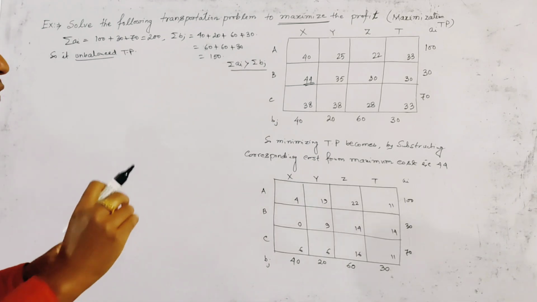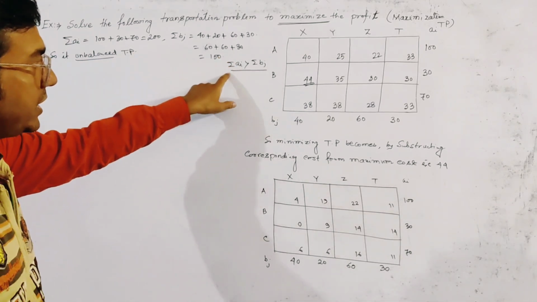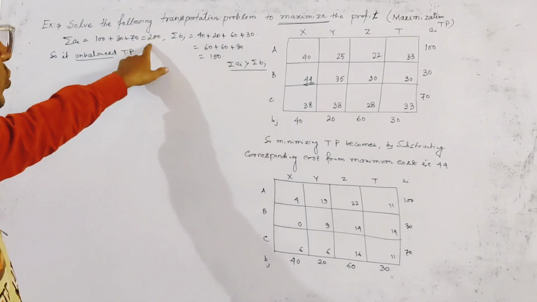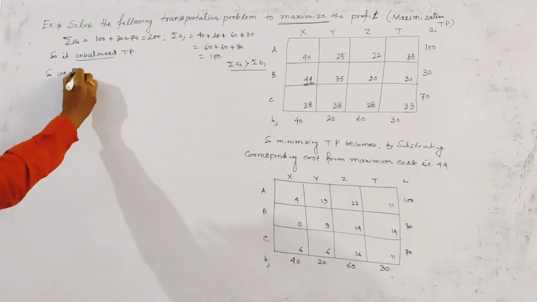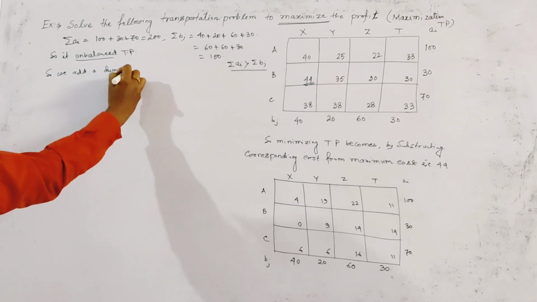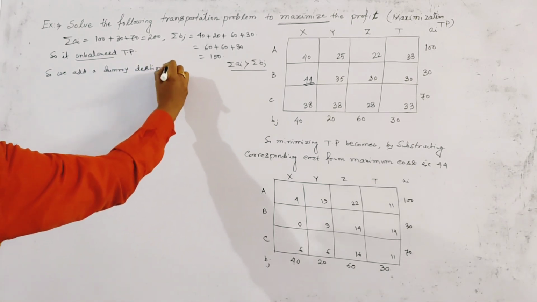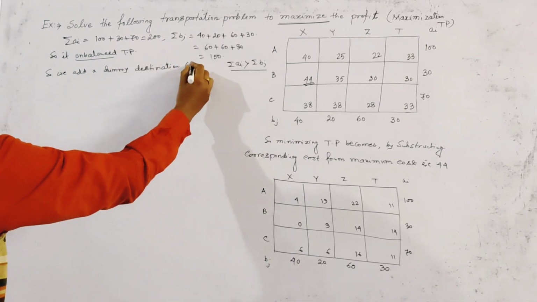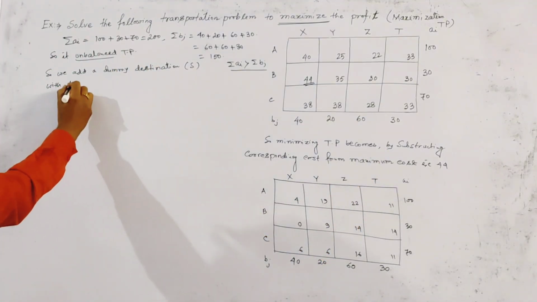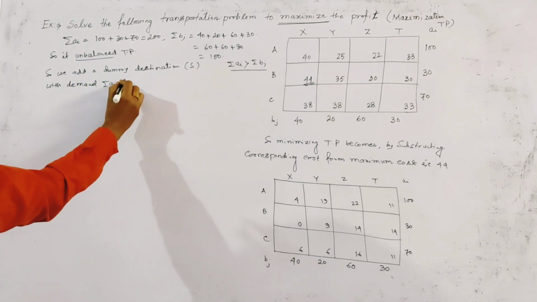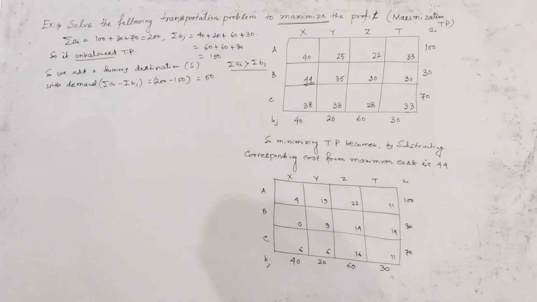Now to convert it into a balanced one, we must add a dummy destination with demand summation ai minus summation bj, that is 200 minus 150, which is 50 units of demand. So we add a dummy, meaning fictitious, that is artificial, destination. We name it S, because the destinations are X, Y, Z, T, and S is the dummy destination, with demand 50 units.